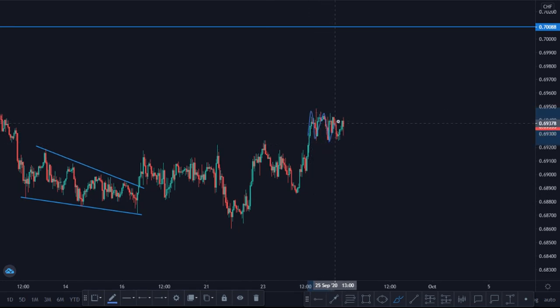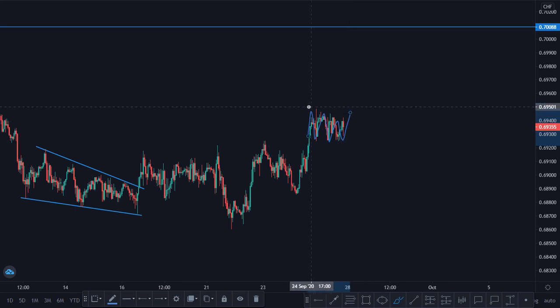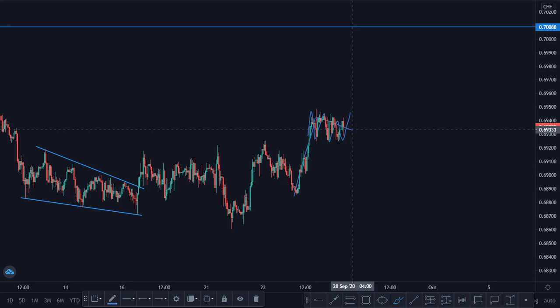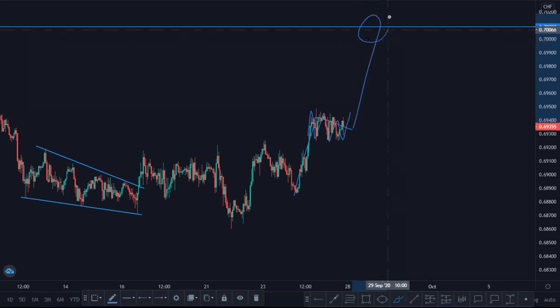So you can see after price got there, what happened? It started correcting itself. After the correction, you see an impulse, then a correction. So this correction eventually means that this is a continuation pattern, which means this is a bull flag pushing to the upside to eventually reach these highs right here.